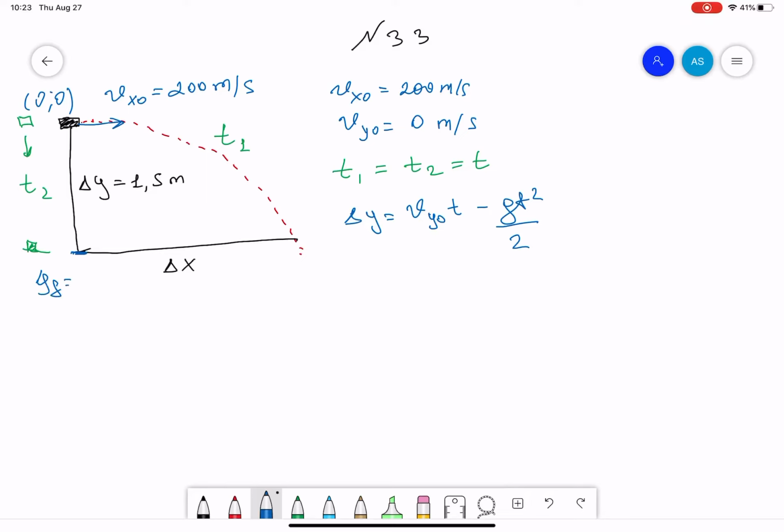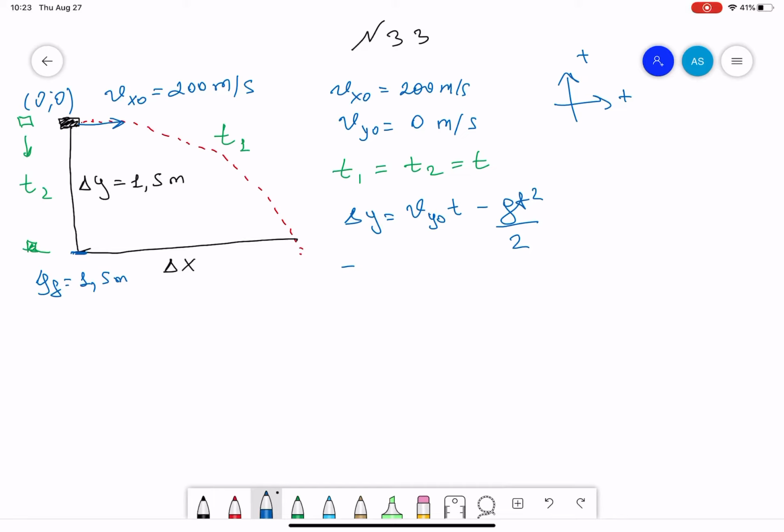Obviously, if you take the coordinate system and say this direction is plus, then whatever is negative will be minus. So here delta y will be minus 1.5 meters. So we can say delta y is equal to y final minus y initial.